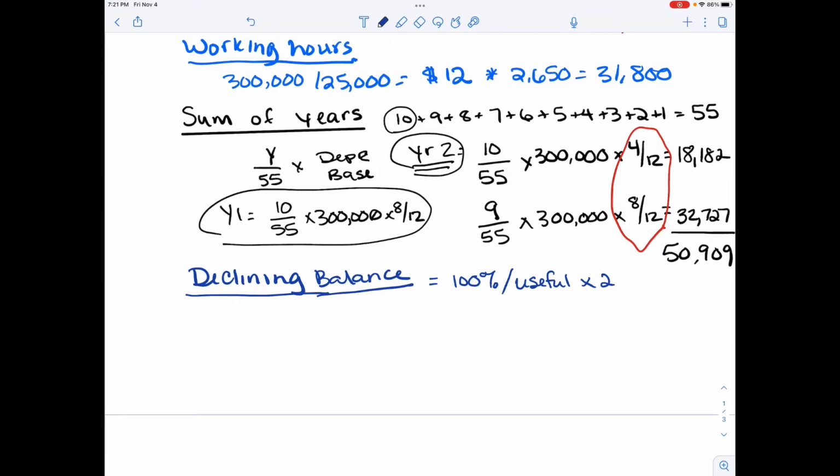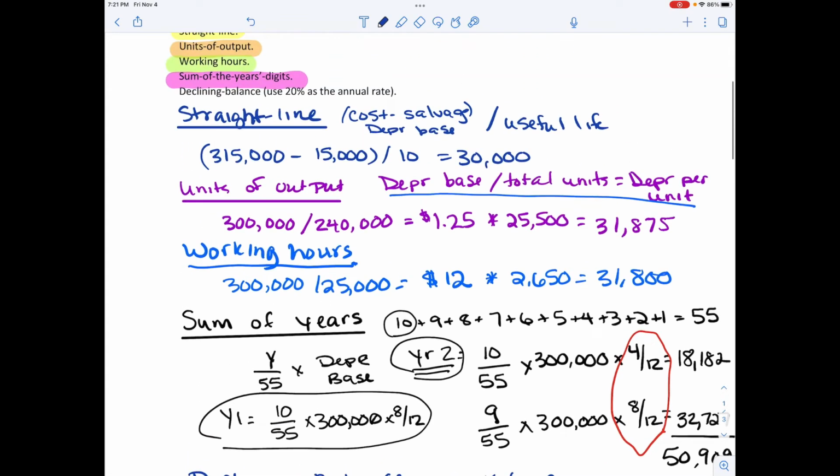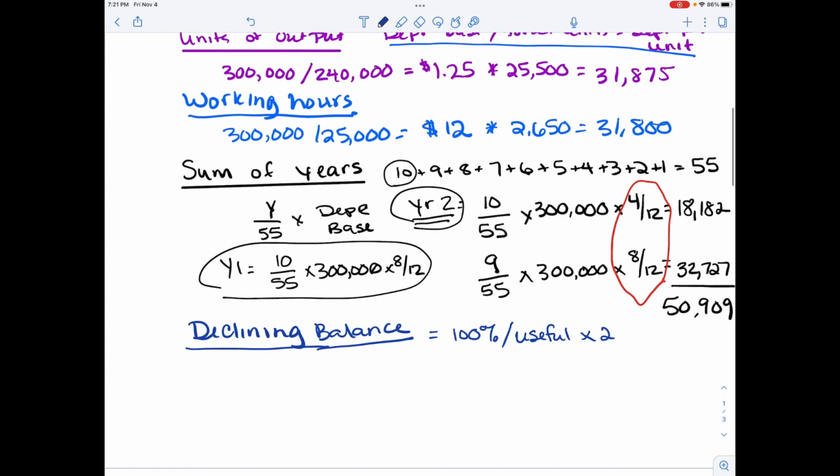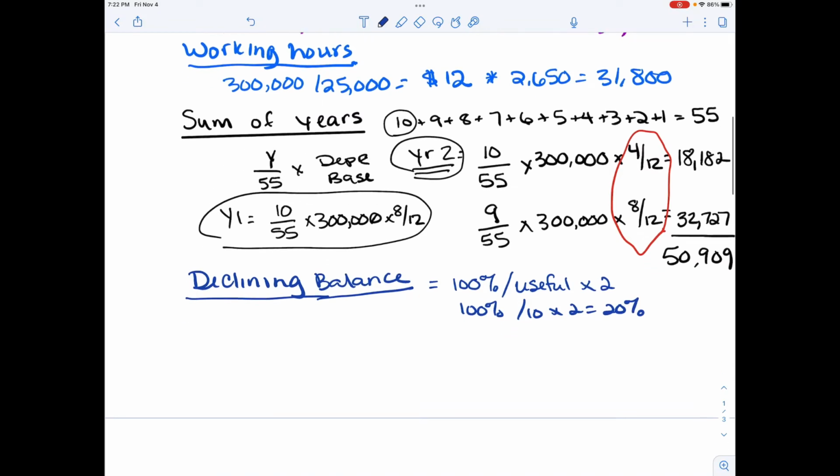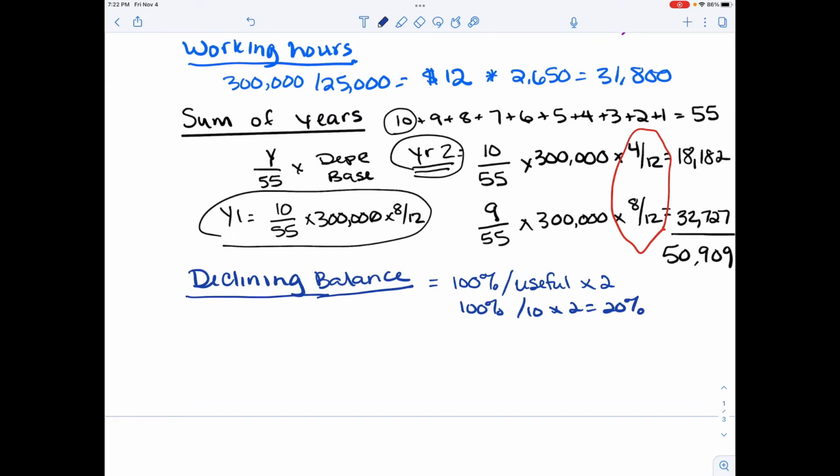Here, our useful life is 10 years. So our depreciation rate is going to be 20%. The formula is book value times your depreciation rate.